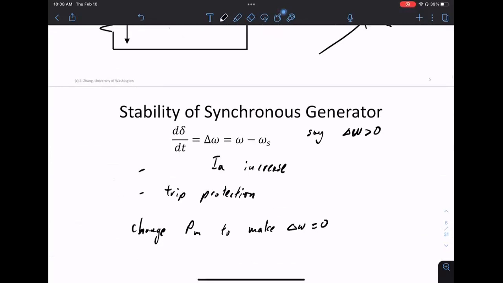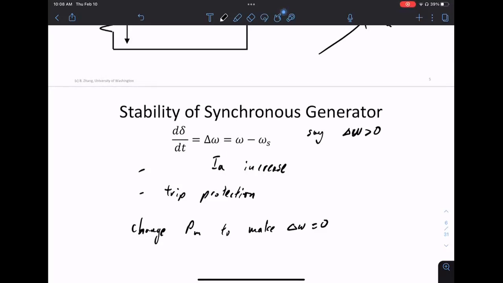So what do you have control over? The grid and the load you cannot control. So a changing load will show up as a change in your generator. If you don't deal with it, eventually something will trip in your generator. You have some current that's running away from you. So what you can control in your generator is to change the mechanical power.